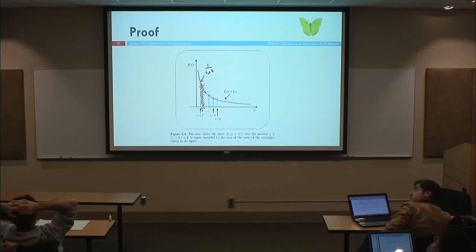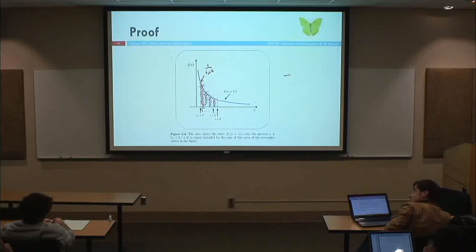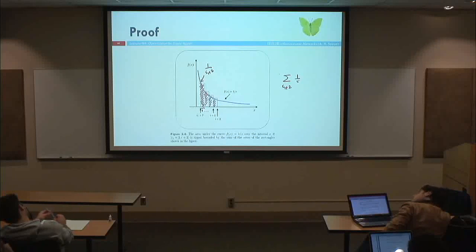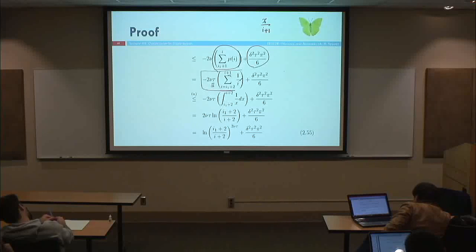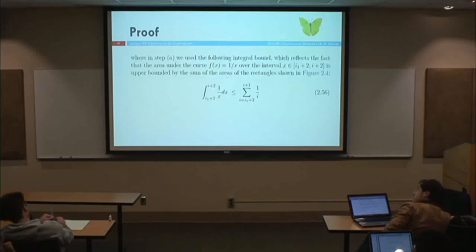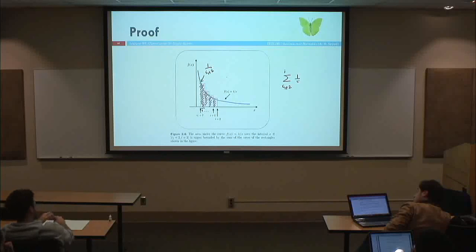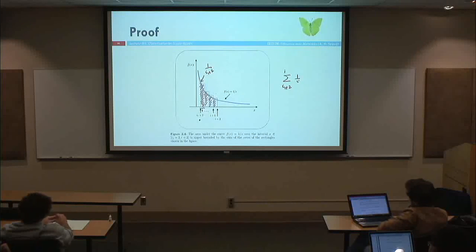So if I add the areas of all of these rectangles, I get that sum that I showed you, 1 over I from I1 plus 2 up all the way to, where is it? This sum here. So that sum, the sum of the rectangles, is larger than the integral between this point and this point.